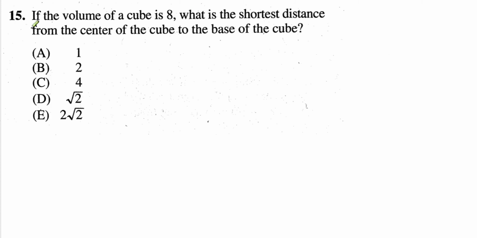Now, let's look at the next question, number 15. If the volume of the cube is 8, so I have a cube equal to 8, that means each side must be equal to 2. What is the shortest distance from the center of the cube to the base of the cube? The center of the cube would have been right over here, to the base of the cube. But if you had to cut through the middle, then what you would have seen is this.